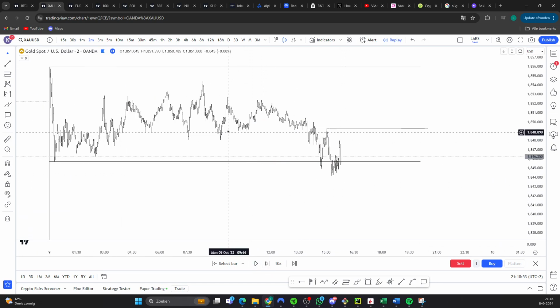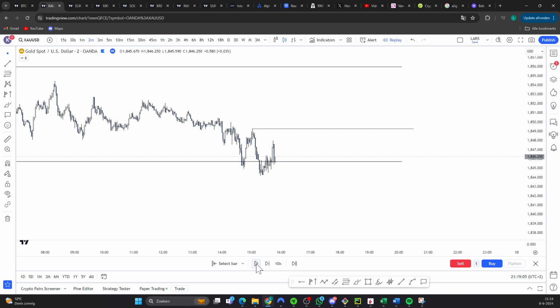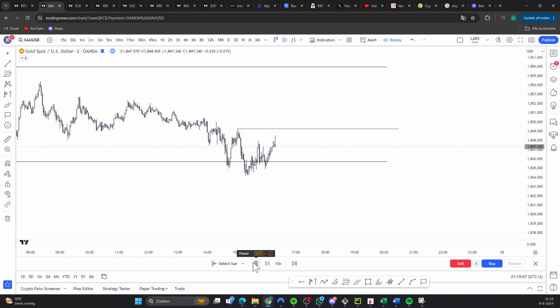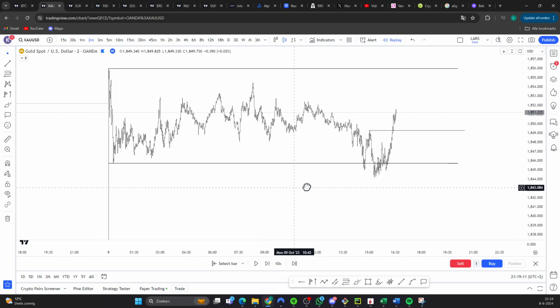Kind of accumulating here around the initial range lows.